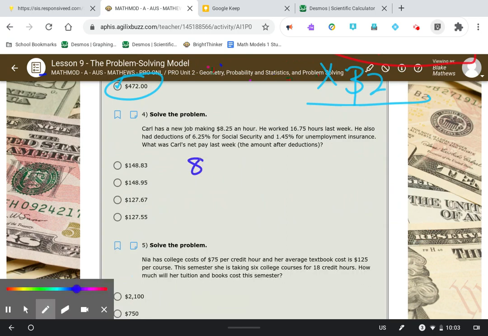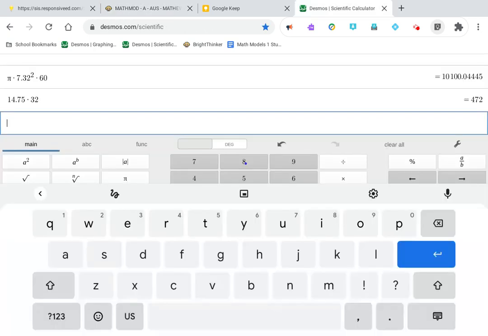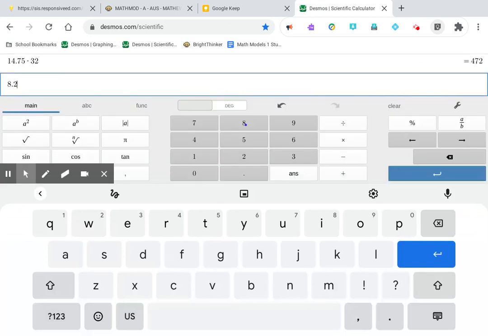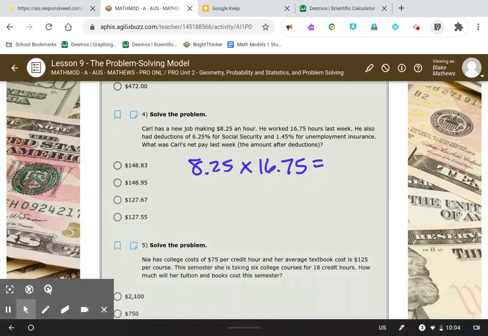So we know that he makes $8.25 per hour, and he worked 16.75 hours last week. We need to multiply those two numbers. 8.25 times 16.75 is 138.19. We'll round up. 138.19.